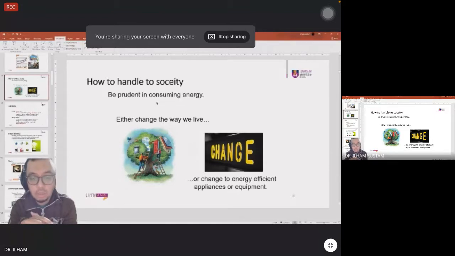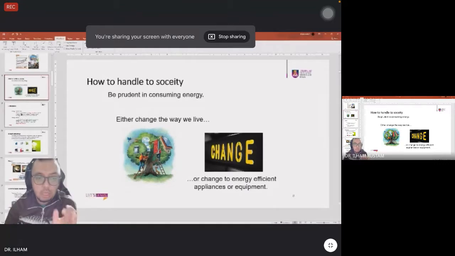So either we live dalam atas pokok sebab nak totally save electricity bill, duduk dalam gua. Ada kan yang baru ni COVID ni, orang dah start duduk dalam gua lah, atas pokok lah. Tak silap saya kat China ke mana, ke US saya tak sure, saya tak ingat. Dia duduk dalam gua. So saya tak rasa awak nak duduk dalam gua. So either that or we start to adopt changes in our energy consumption.